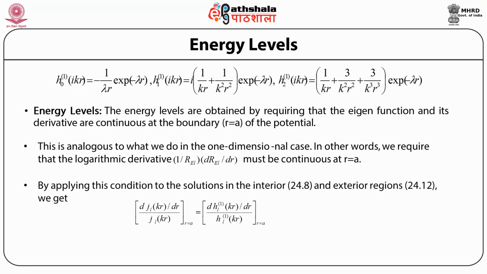By applying this condition to the solution in the interior 24.8 and exterior regions 24.12, we get d j_l(kr)/dr by j_l(kr) equals d h_l^(1)(kr)/dr by h_l^(1)(kr) at r equals a.